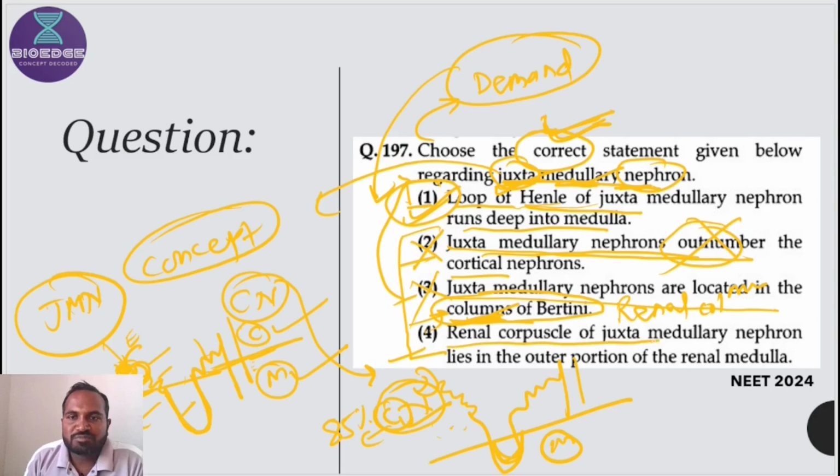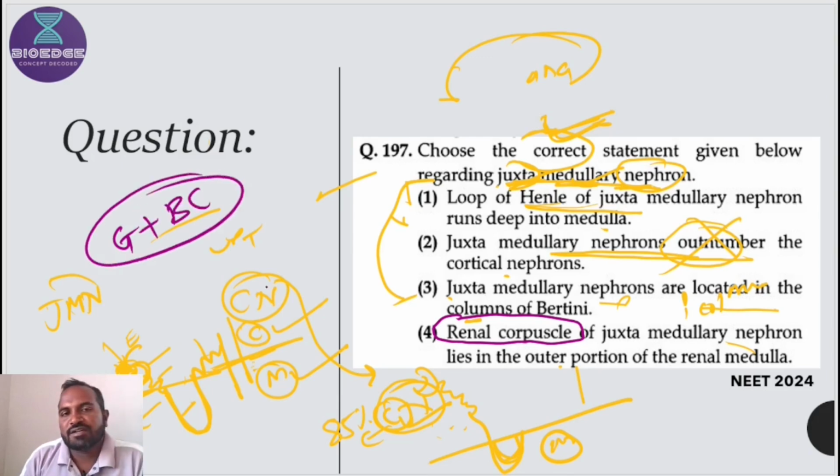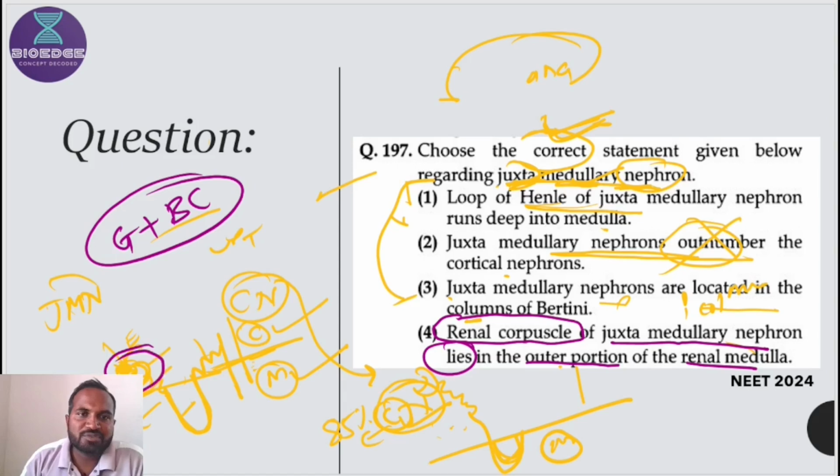Renal corpuscles of juxtamedullary nephron lie in the outer portion of renal medulla. Renal corpuscle means the glomerulus plus Bowman's capsule together. They say the renal corpuscle of the juxtamedullary nephron lies in the outer portion of renal medulla. No, this is the renal corpuscle, and it is present in the cortex.